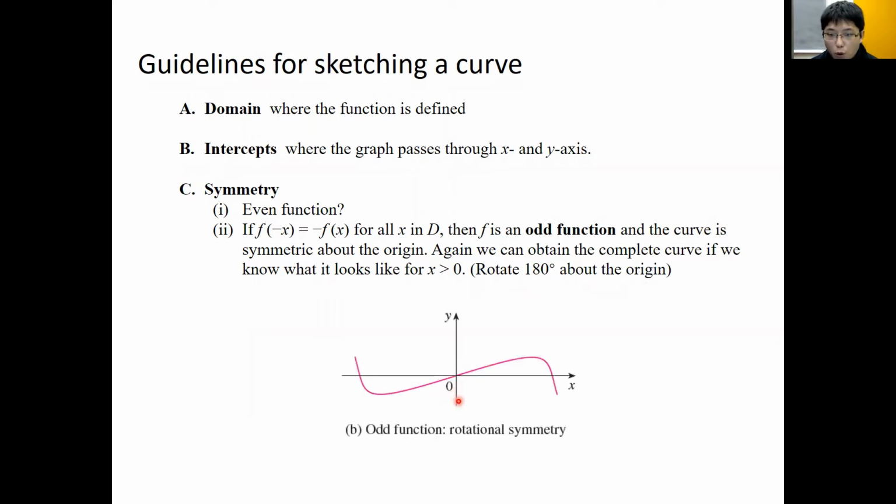So here is the graph of an odd function. Once we figure out how the graph looks for x positive, all we need to do is to rotate this graph 180 degrees to obtain this part. So this is another case where the symmetry helps to simplify the graph sketching.